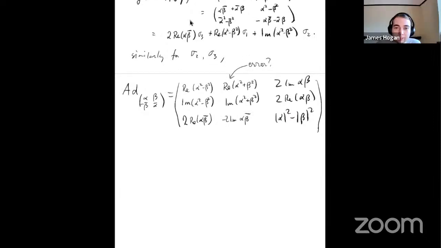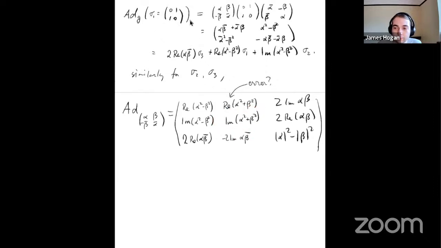I think the middle entry and the top middle entry need to be switched. At least that way, when you plug in alpha equals 1 and beta equals 0, you get the identity. Sorry, I don't know what you mean by the middle entry. Like the 2-2 entry. This entry. Yeah. If you plug in alpha equals 1, beta equals 0, that entry should be a 1.